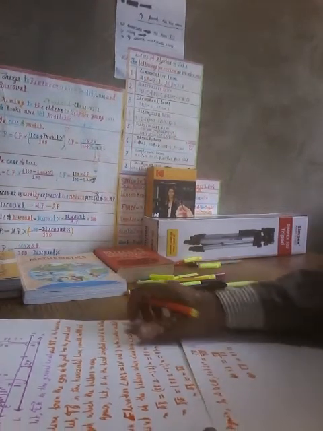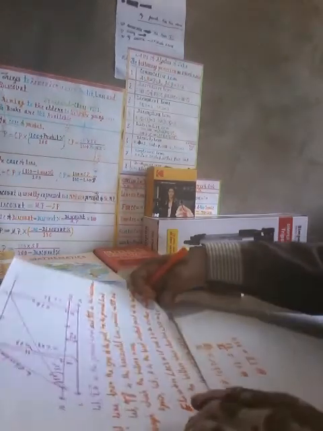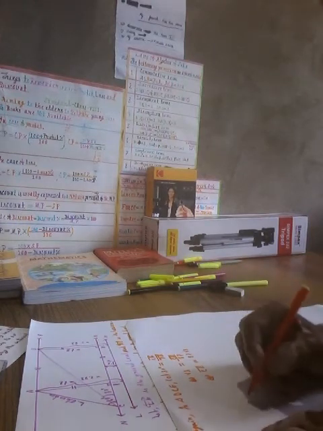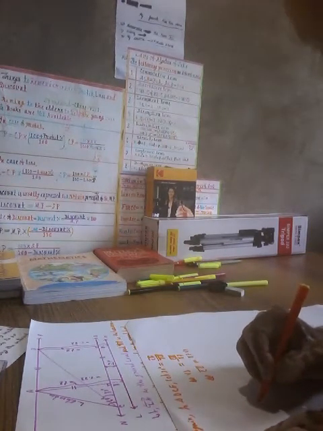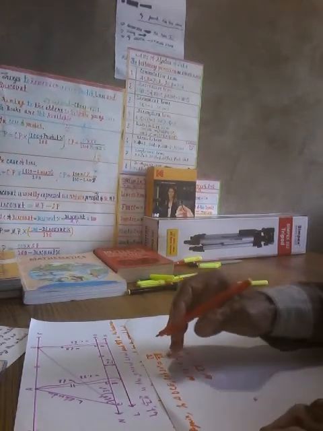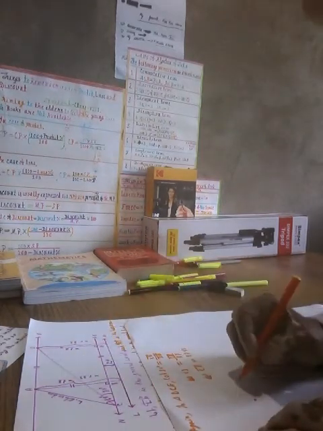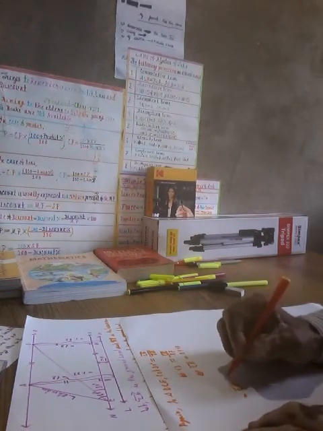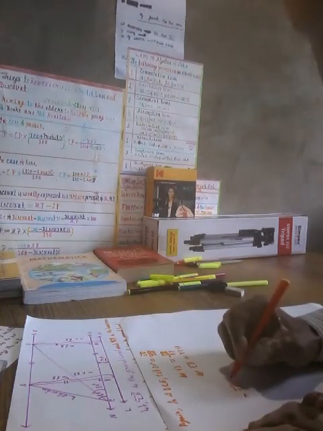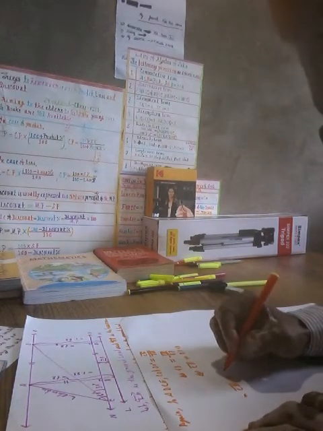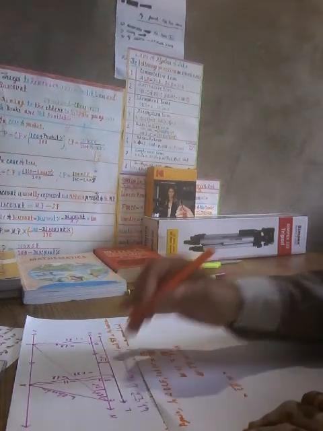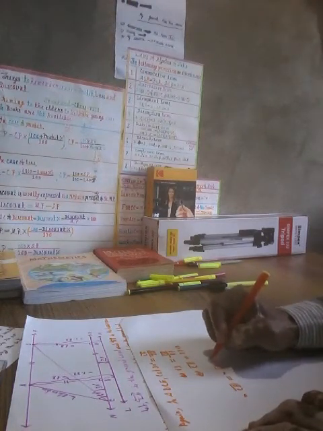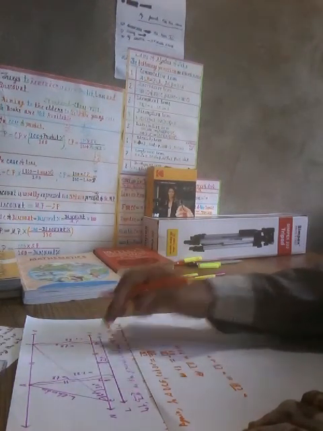After this, you just write measure of CE. CE is equal to measure of CB plus measure of BE.